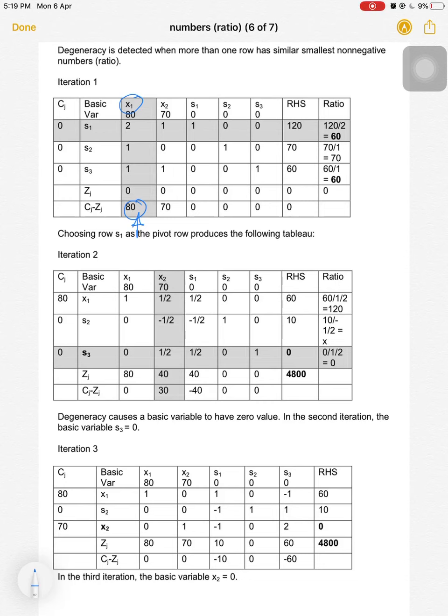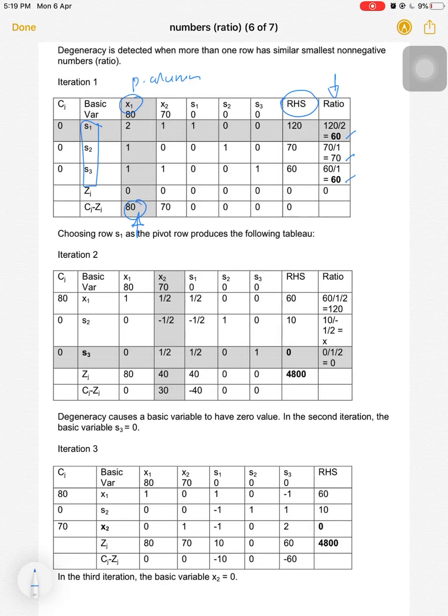When x1 enters, S1, S2 or S3 will leave this column. Which one should leave? We will calculate the ratio: right hand side value divided by the number in the pivot column. This is the pivot column since we chose 80, the largest positive number. Here we have 60, 70 and 60.